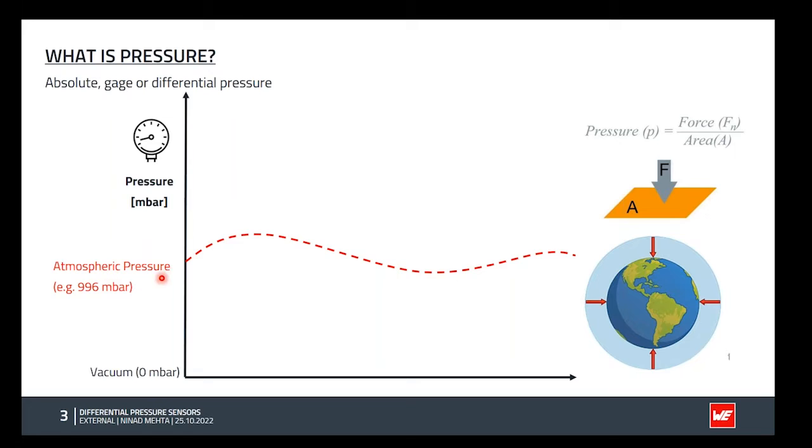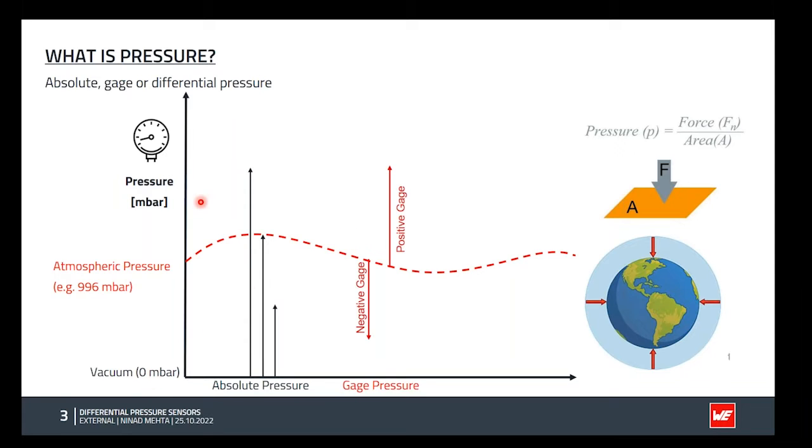Depending on where you are, what time of the year it is, what time of the day, or the weather, the atmospheric pressure will always be changing. Atmospheric pressure is always measured with respect to the vacuum, which is zero. So the atmospheric pressure is an absolute pressure. Absolute pressure is always positive because it is always referenced to absolute vacuum, or zero referenced.